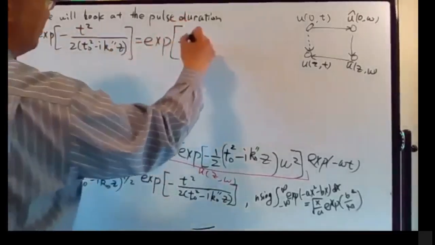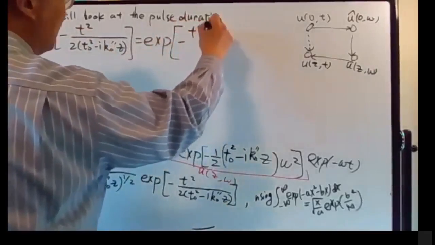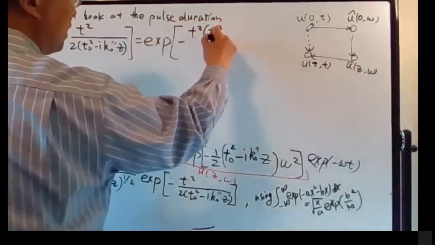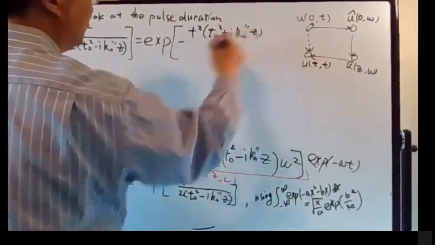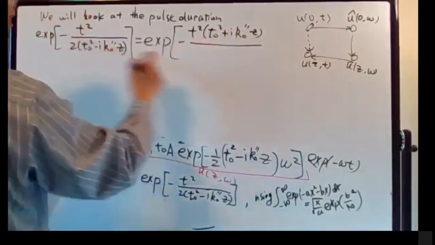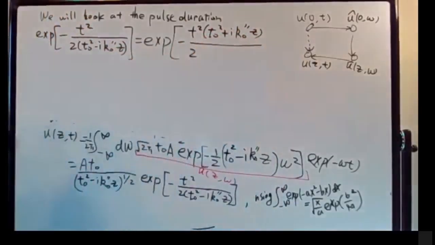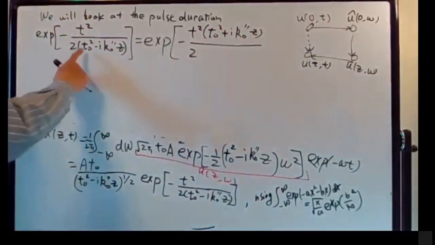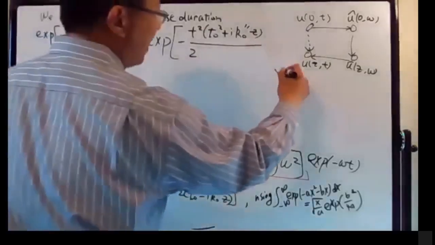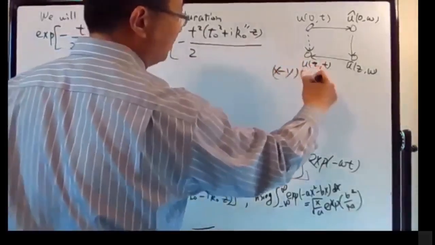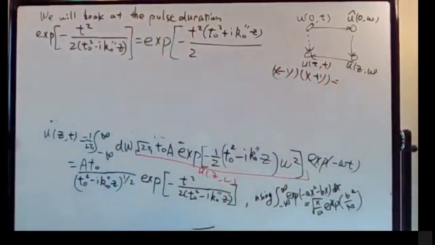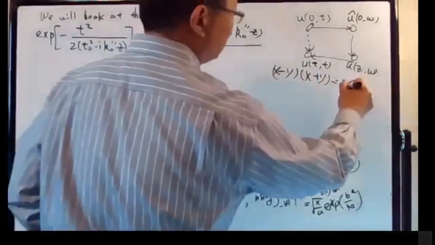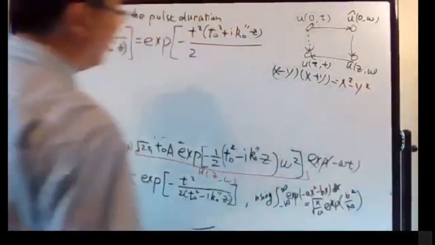So in the numerator we have x minus y times x plus y, right? That will give us x squared minus y squared, right?